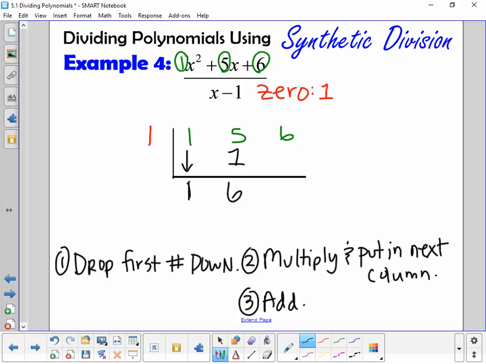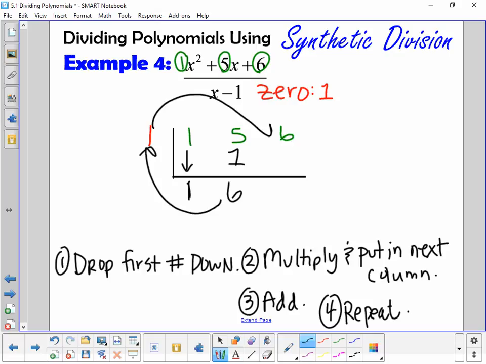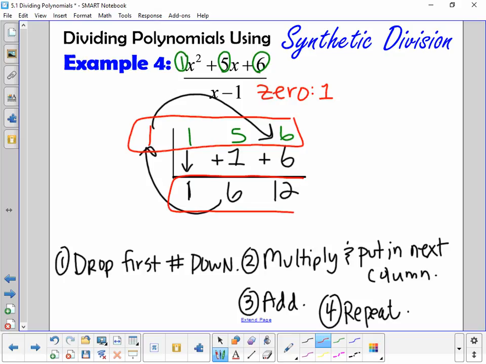And then you just repeat. 1 times 6 will go in the next column, 6, and then we add it up to get 12. And so we're done. Our division is done. We just have to decode our answer. So we encoded our problem here, and here we have to unencode our solution.